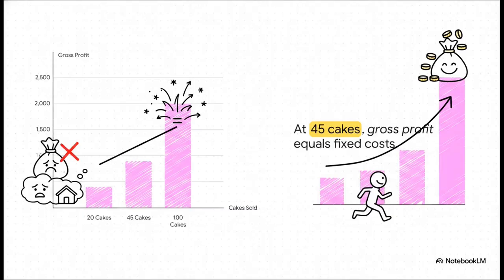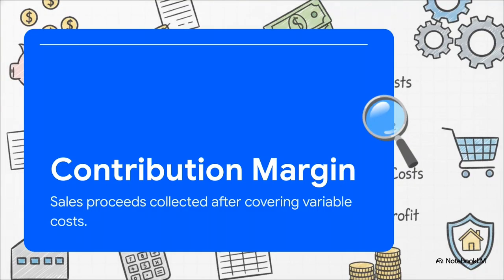Let's pinpoint that exact moment of crossover. If we sell our cakes for $35, at 20 cakes, our gross profit is only $400. We're still losing $500 against our fixed rent. But jump forward a bit. Right at exactly 45 cakes, the gross profit overtakes the fixed costs, pushing the bakery out of the red and into pure profitability.